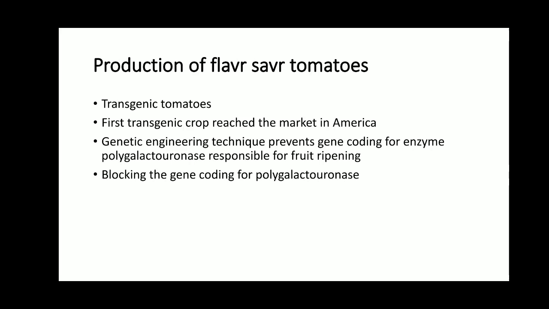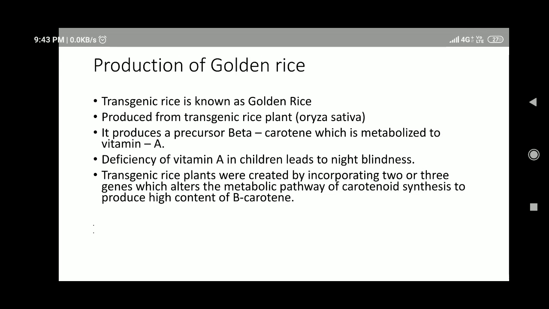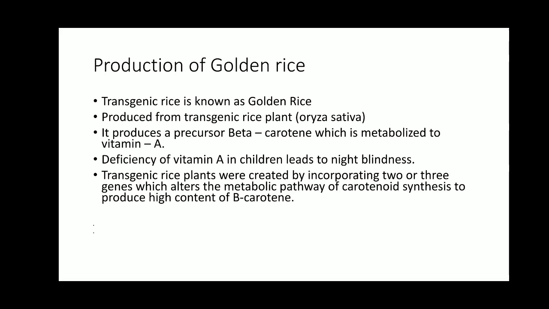Another example of application of biotechnology in agriculture is the production of golden rice. What is this golden rice? The rice which appears gold in color. Is it, students?